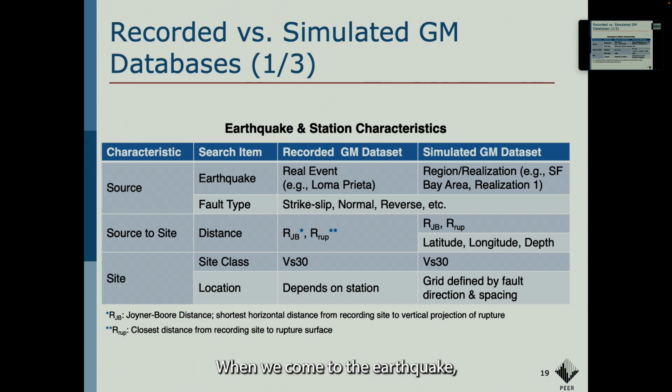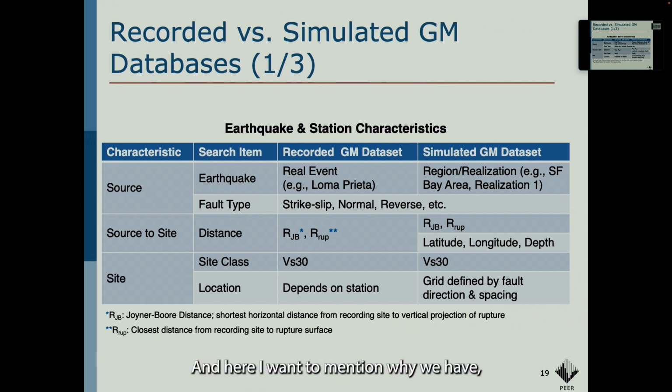When we come to the earthquake, obviously we mentioned this is a real event in the NGA, and this real event is replaced by a scenario that includes the combination of a region and realization in the simulated ground motion data set. For example, San Francisco Bay Area is the region, and realization 1 from that region, which Arvind talked about in detail today.